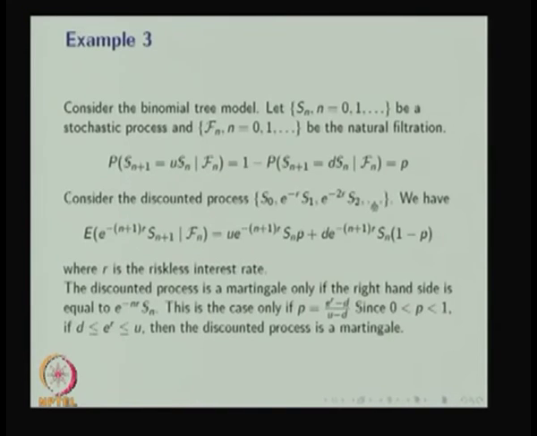Therefore, the nth random variable Sn will be multiplied by e power minus n times r, where r is the riskless interest rate. So, whenever you multiply by e power minus r times t, the corresponding stochastic process is called the discounted stochastic process.